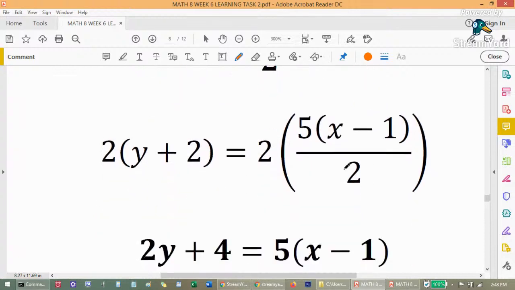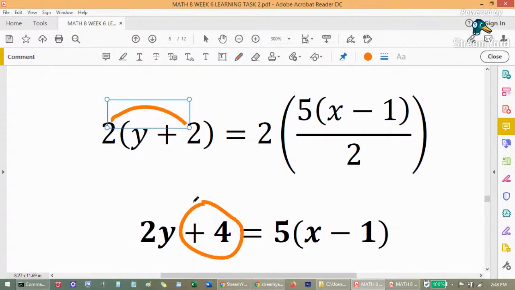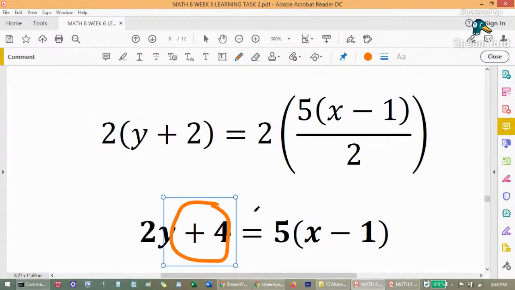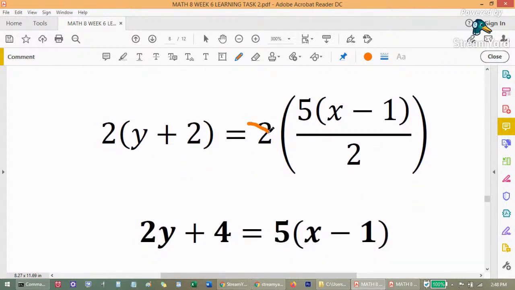So 2 times y is 2y. 2 times positive 2 is positive 4. When they're all positive numbers, there's no problem, straight operation. On the right, the 2 in the numerator cancels the 2 in the denominator, leaving 5 times x minus 1.